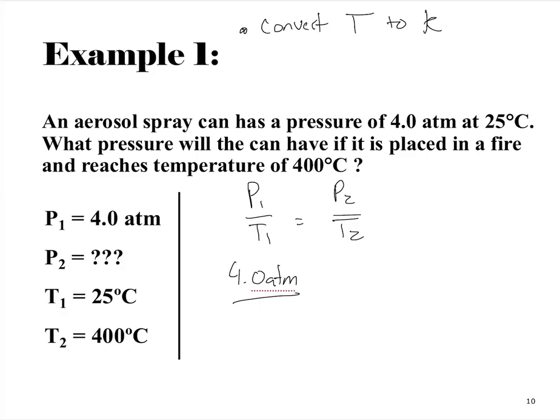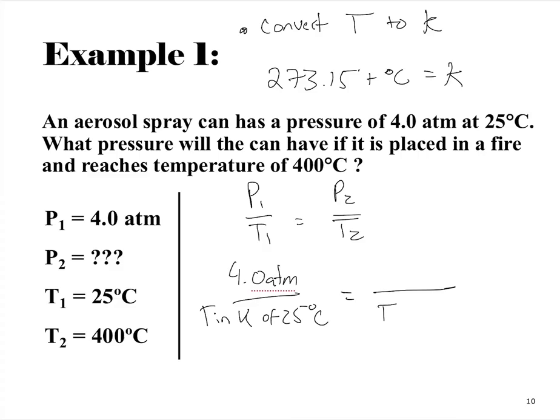Does anyone remember the conversion? We'll just do 273.15 plus the degrees Celsius equals your temperature in Kelvin. So this is the temperature in Kelvin of 25 degrees Celsius, and your final temperature is the temperature in Kelvin of 400 degrees Celsius. And we're going to solve for P2.